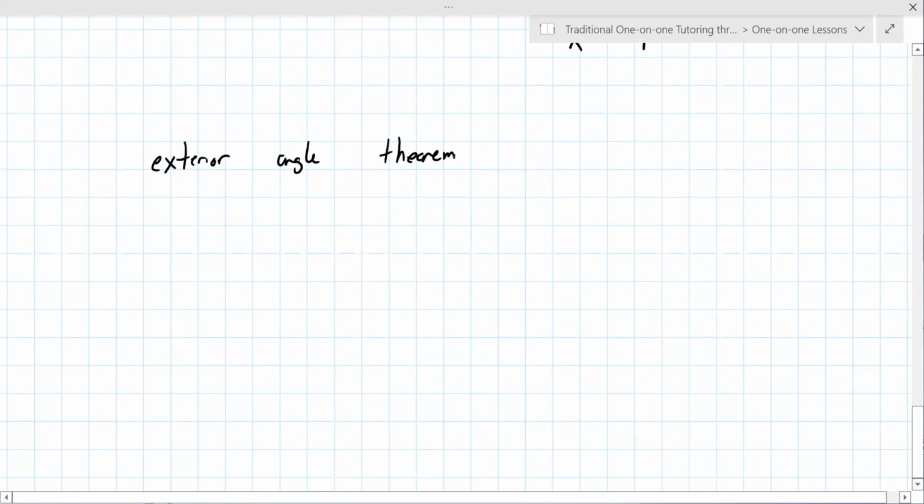Or actually, you wanted to do consecutive angles. Let's do that. Let's do consecutive angles.